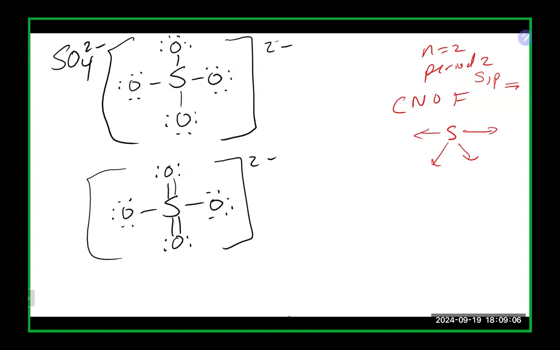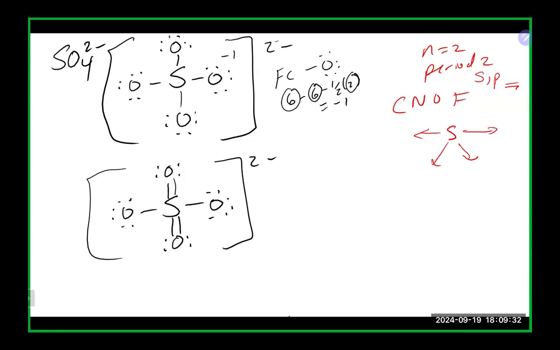Actually, we talked about this when we talked about formal charge, right? So if we did our formal charge on our single bonded oxygen, that would be 6 minus 6 minus 1/2 of 2, which is a -1. That's valence electrons in the atom, minus non-bonding electrons, minus half the number of bonding electrons.